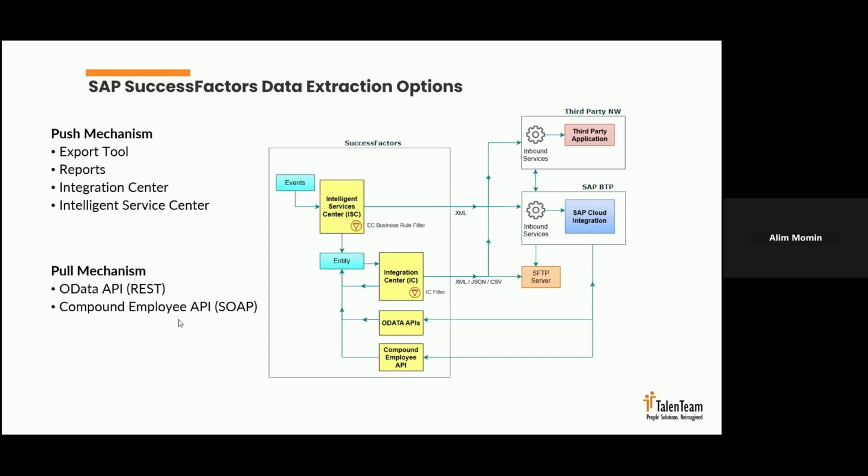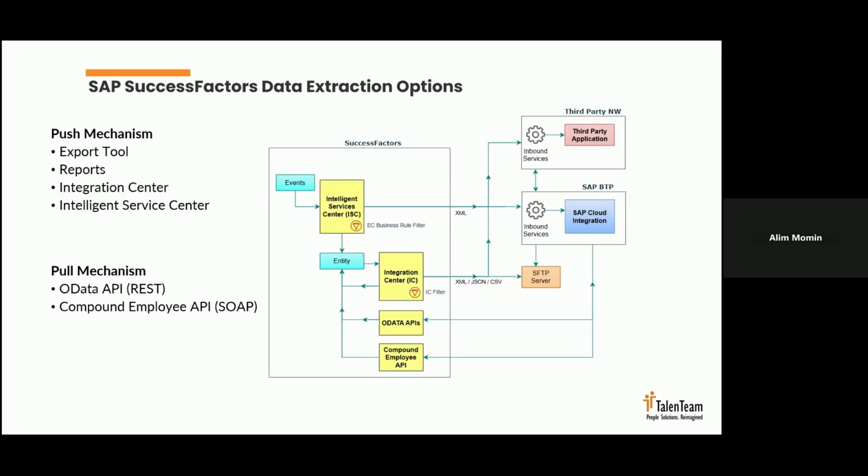And that's why within SuccessFactors, only the compound employee API has been allowed so far. All the other APIs in the SOAP category in SuccessFactors have been disabled or deprecated because of its nature, its old style of being static. Okay. So why is the compound employee API allowed so far by SAP? We will also see that.